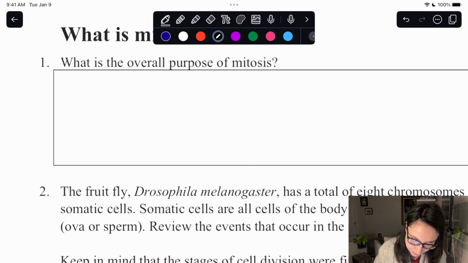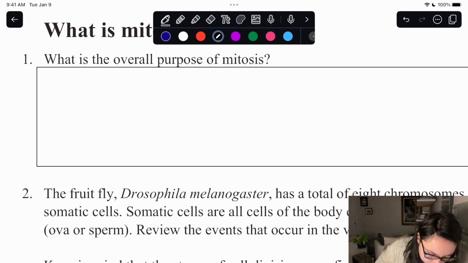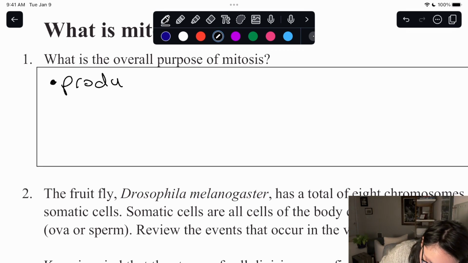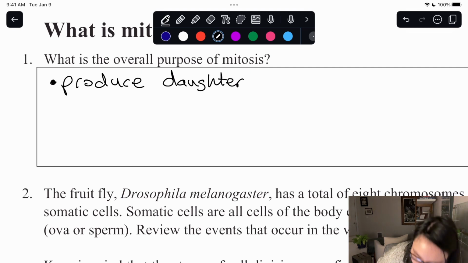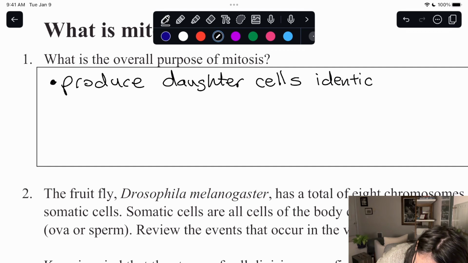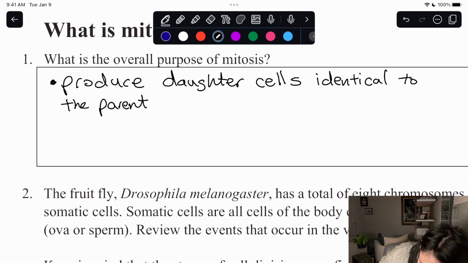So, overall purpose of mitosis, bullet point: produce daughter cells identical to the parent cell.